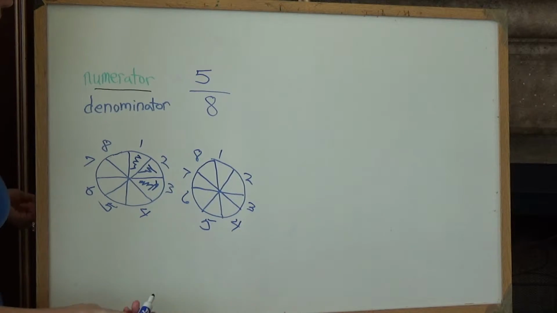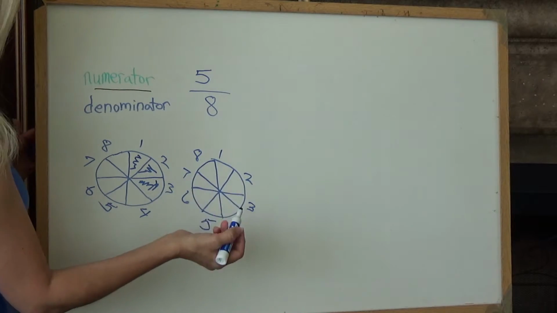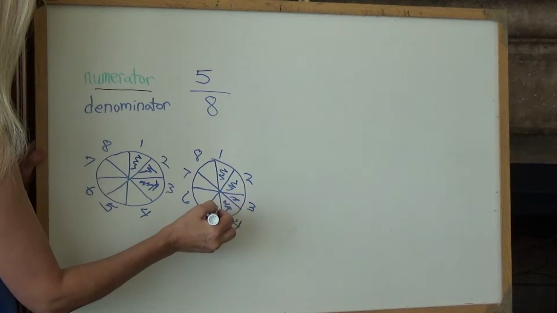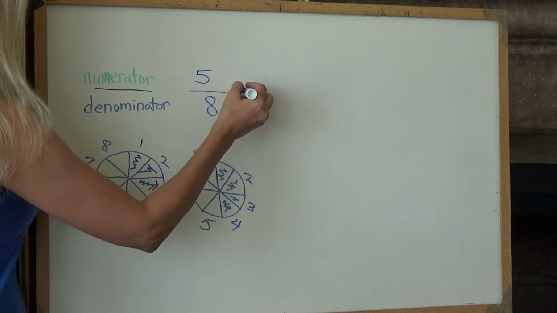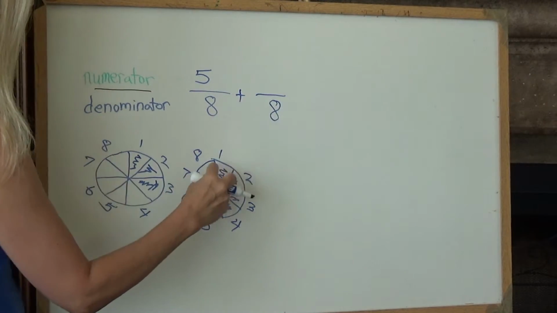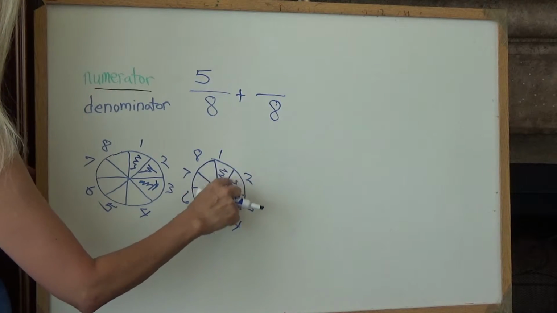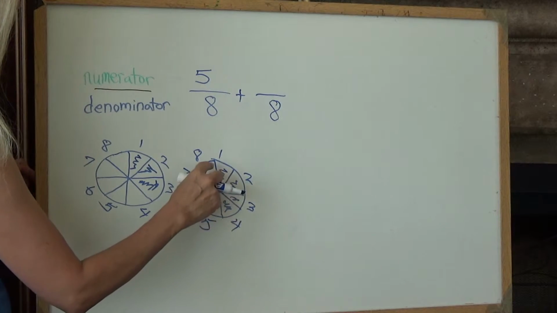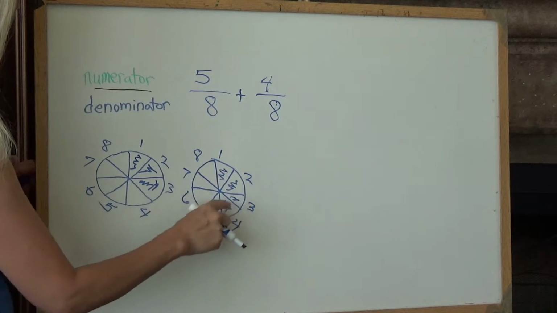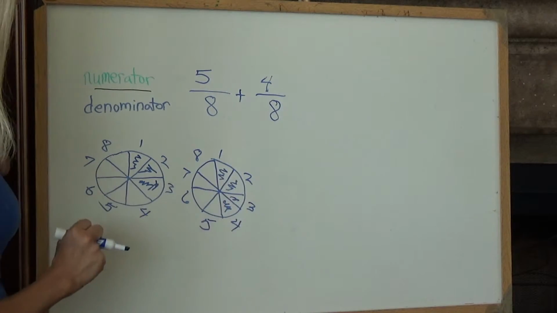Say 4 of those friends were not hungry. So 4 of the friends ate their piece, 4 of the friends did not. That would mean that you still had 8 pieces to make a whole, but now 4 of them are eaten, 4 of them are not. So 4 would be your numerator. There are 4 left over out of the whole.